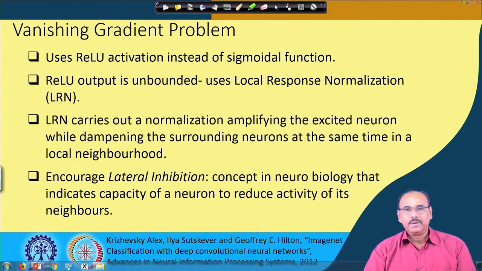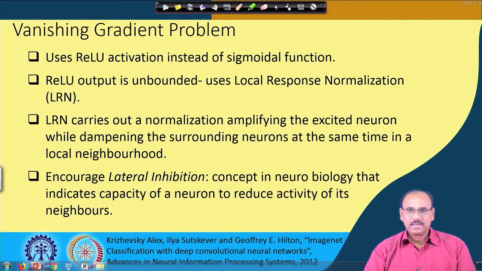This operation is inspired by a phenomenon known as lateral inhibition in neurobiology, which indicates the capacity of a neuron to reduce the activity of its neighbors.